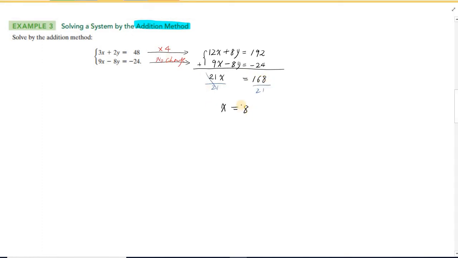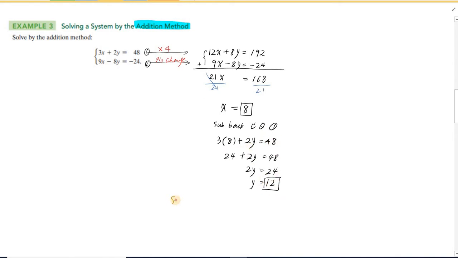Once you have your 8, you can bring this back into either the first equation or the second equation and solve for your y. So I'm just going to plug it into the first equation. So that will be 3 times 8 plus 2y equals 48. y equals 12. And then we have our solution, 8 and 12.